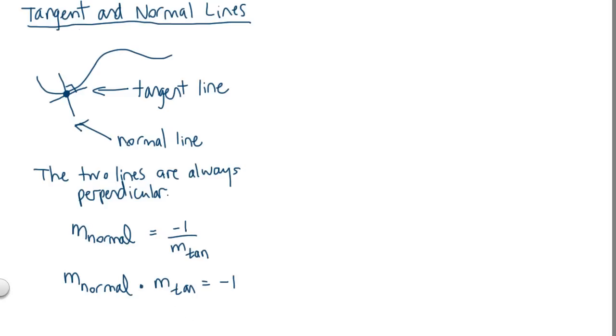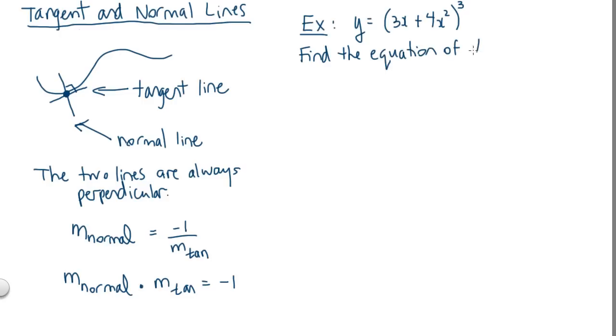So with that idea, let's try an example. Let's say we've got a function that looks like y equals (3x plus 4x squared) all cubed. And the problem is to find the equation of both the tangent and the normal lines.